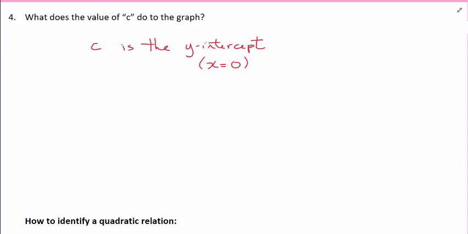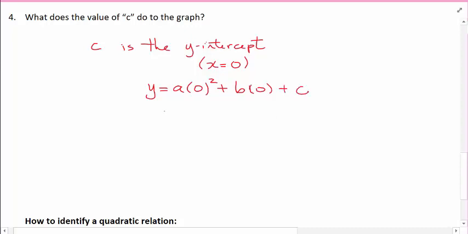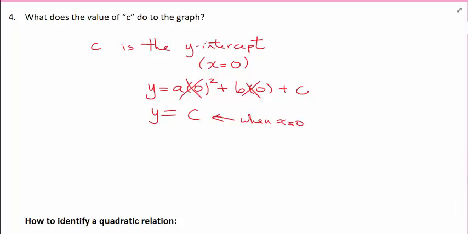Y equals a times 0 squared plus b times 0, plus c. Well, those are crossed out, and so y equals c when x equals 0. So that makes it the y-intercept. Got it? All right.